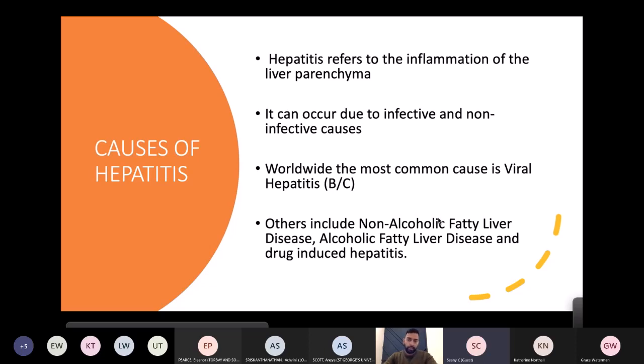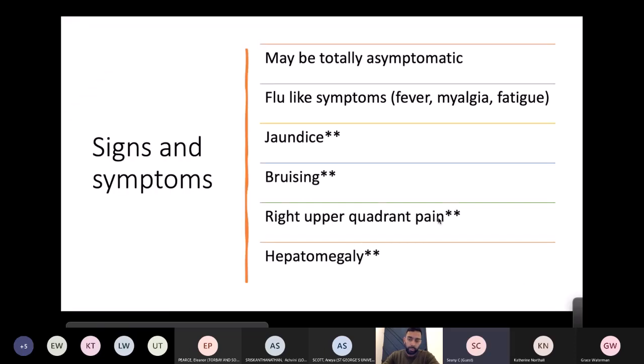Worldwide, the most common is viral hepatitis, B and C, partly due to vaccination and protective measures. I think in the United States the most common is alcoholic fatty liver disease, and in the UK, viral hepatitis C is the most common infective cause. So that's an overview of causes.